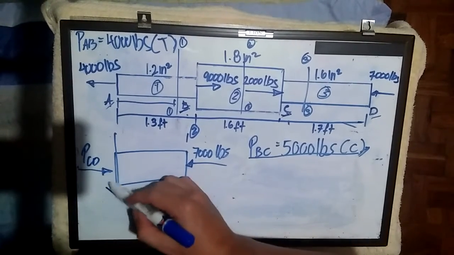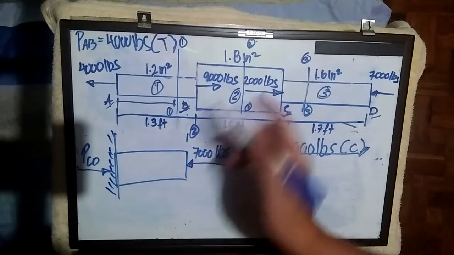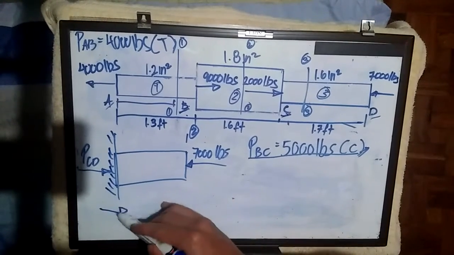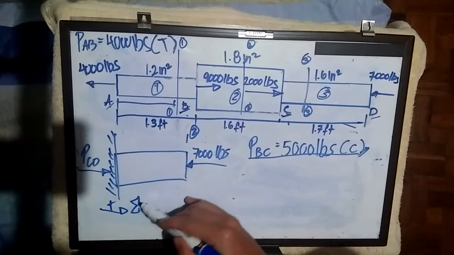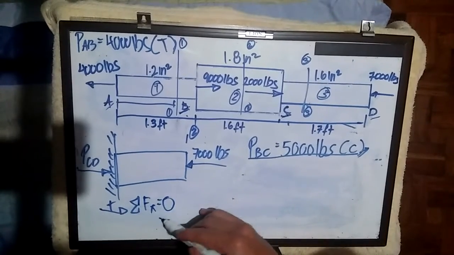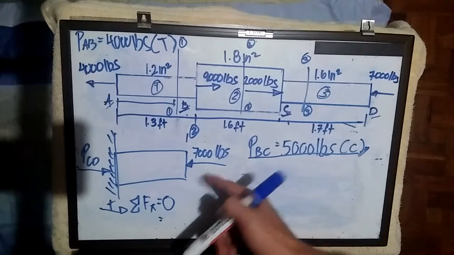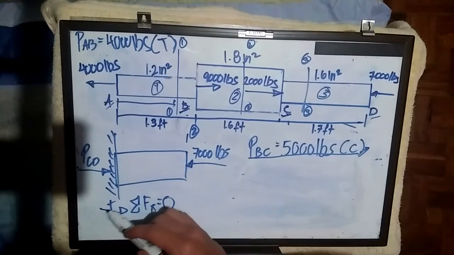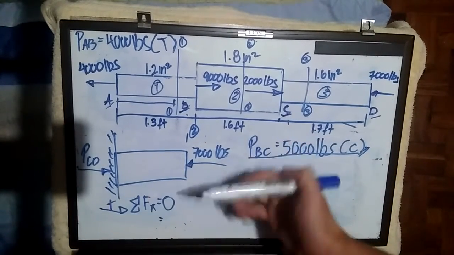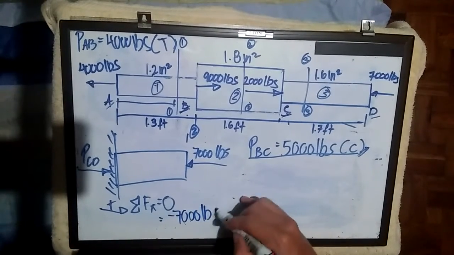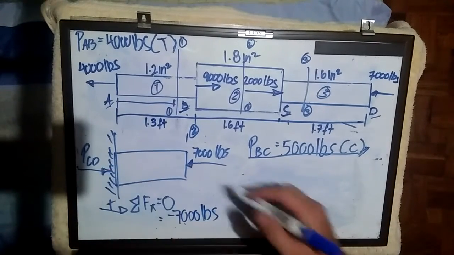Diba? Yan. So, ngayon, apply again the laws of equilibrium. The summation of forces going to the right is positive. Sigma of F sub X is equals to 0. So, ngayon, 7,000 pounds is acting to the left. So, that is negative. Kasi yung assumption natin is going to the right is positive. So, negative 7,000 pounds plus P sub CD.